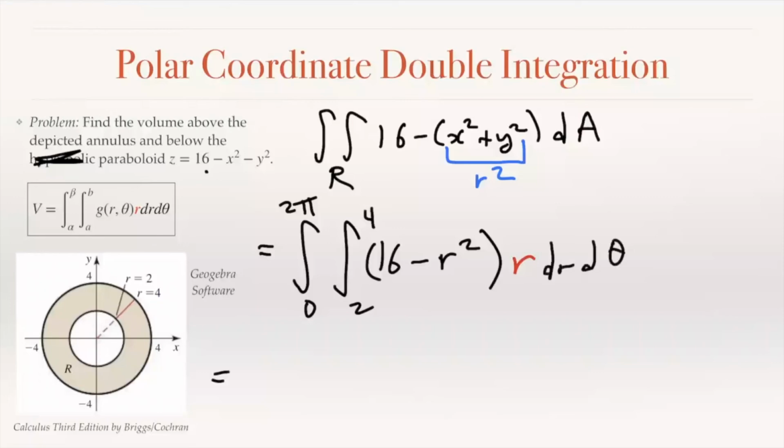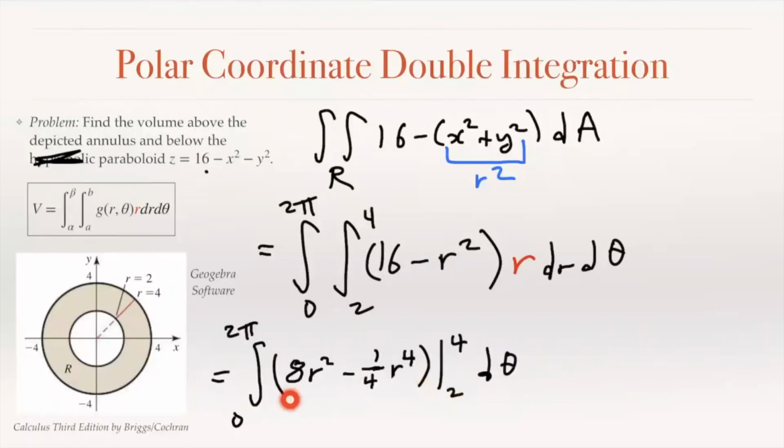And from here, it's a direct double integral. We distribute the r and integrate and get this. Evaluating that between 4 and 2, we get 36. And that between 0 and 2 pi, the integral, we get 72 pi.